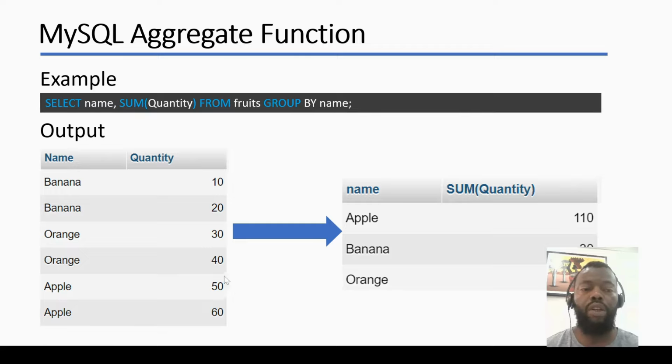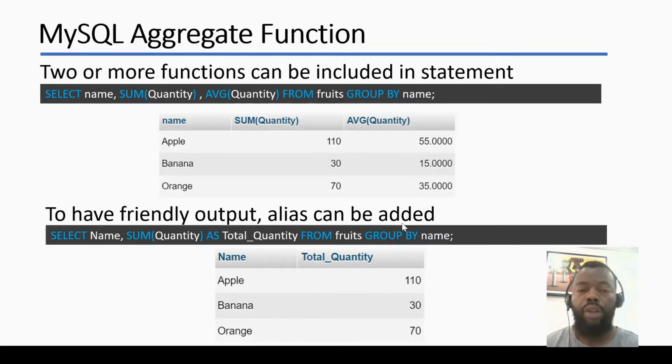So we have here names of fruits and we have the quantity. When we group by name, here we have the unique values of the column fruits, and we have the sum of each value.